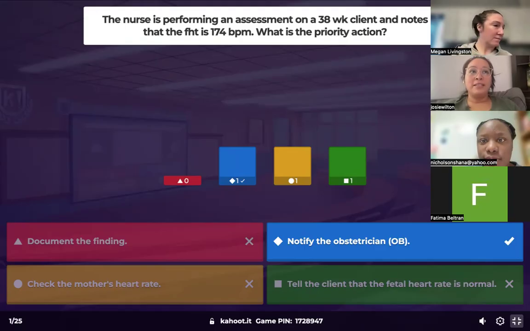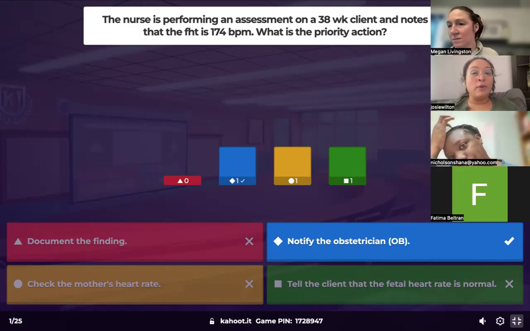Is this just for textbook NCLEX world, or is this real world? I have five kids, and my daughter's heart rate was like 174, and I didn't have any temperature or anything. It would just vary.